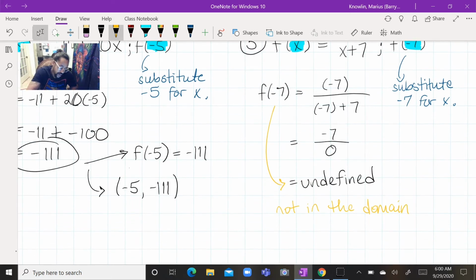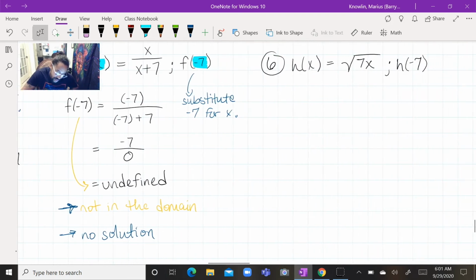Another way we could write this final answer is that there is no solution. So this is one way to think about it, that it's not in the domain. Another way is that there is no solution.